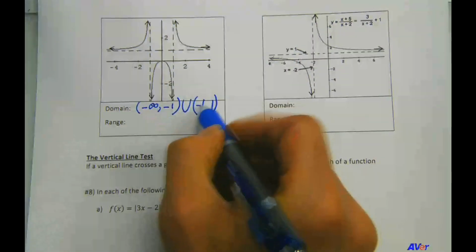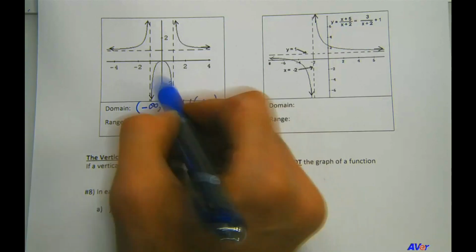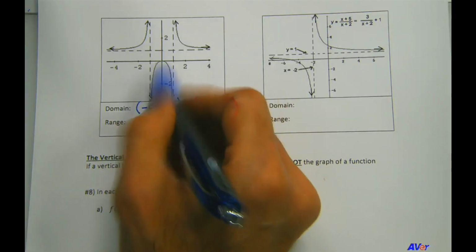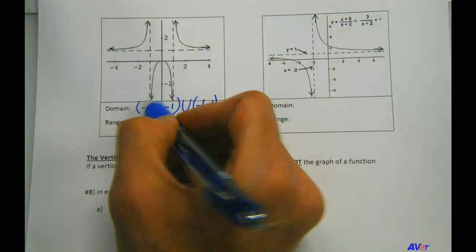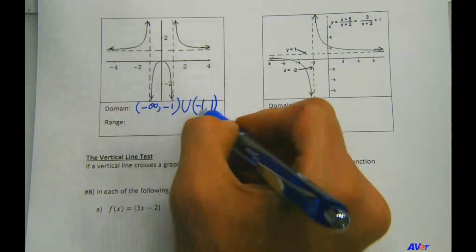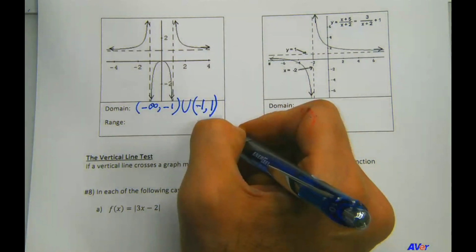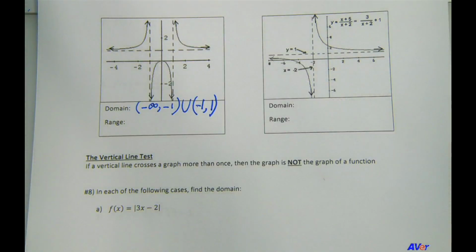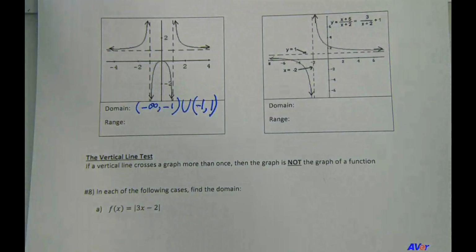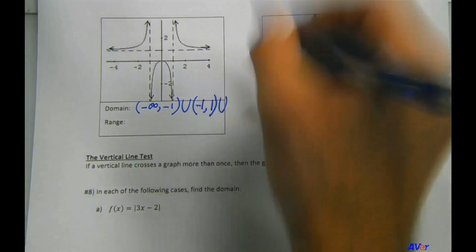Parenthesis means that x equals -1 and x equals +1 are excluded from the domain according to this piece. The function that generates this graph cannot go through x equals -1 and x equals 1. And being the vertical asymptotes, that means that 1 and -1 would make the denominator equal to 0.